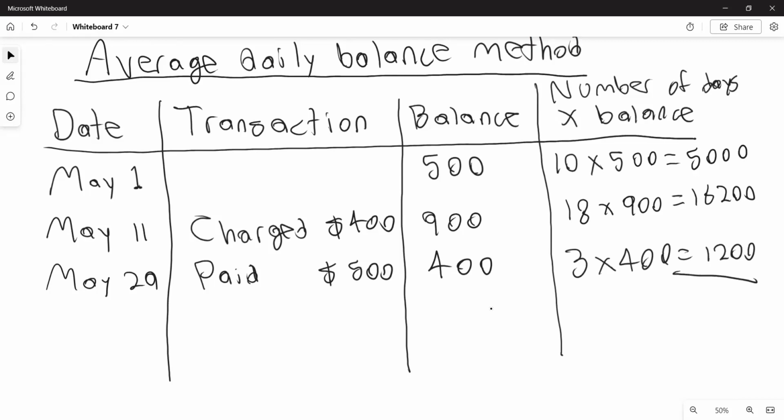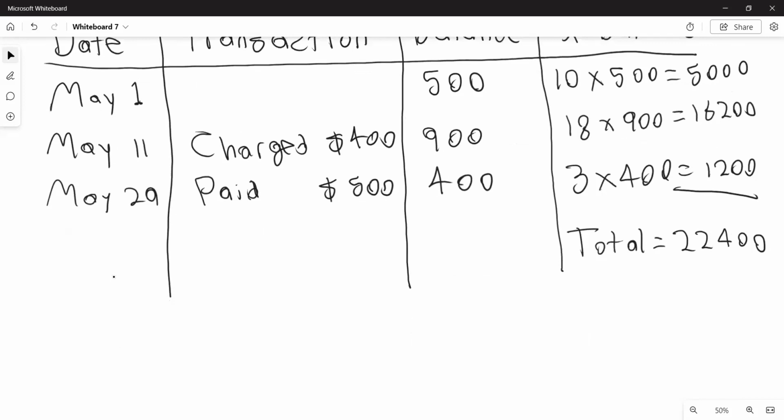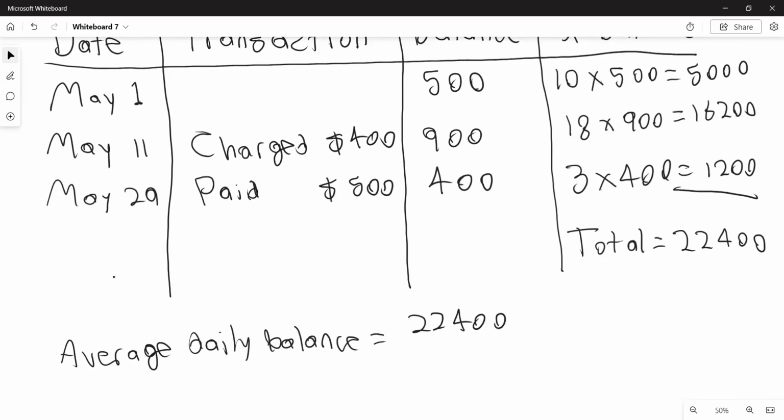So add them together, and the total is 5,000 plus 16,200 plus 1,200. That's $22,400. The average daily balance is that divided by 31. So that's approximately, to the nearest cent, $722.58.